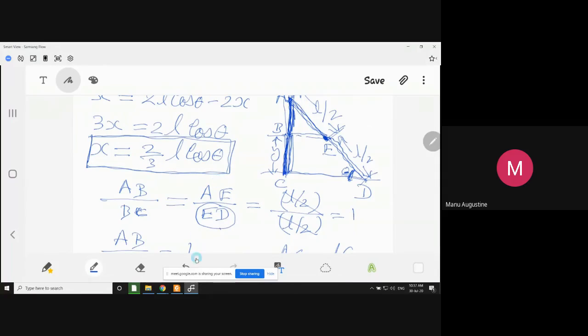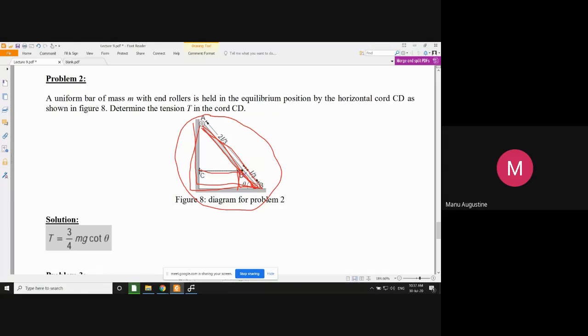Now what I want to know is, if I try to increase the value of theta, what will happen to x? Please remember, x is this distance. If theta is increased, x will decrease or increase? Decrease. Sir, it will decrease, because increasing theta means I am moving the wheel inwards.